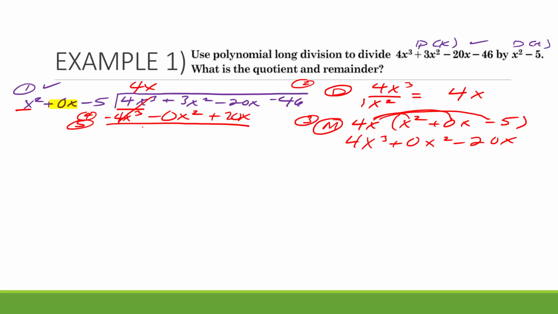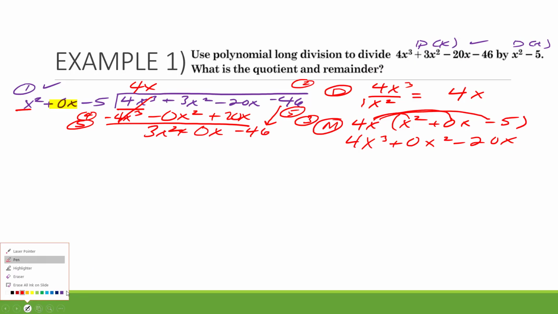These are going to cancel out. I have 3x squared minus 0x squared, which gives me 3x squared. I have negative 20x plus 20x, which gives me 0x. Step 5 is to bring down and repeat. So we're going to bring down negative 46, and we're going to repeat the process.